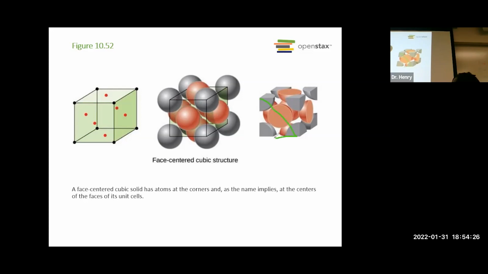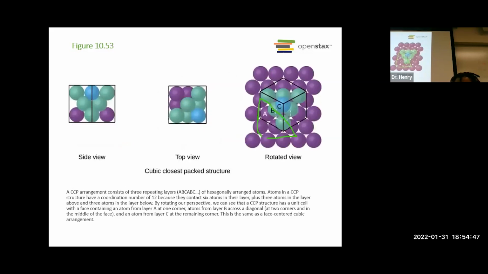This one will be easier than taking the diagonal of the cube itself. You just have to look at the face, and then you'd be able to calculate your lengths.